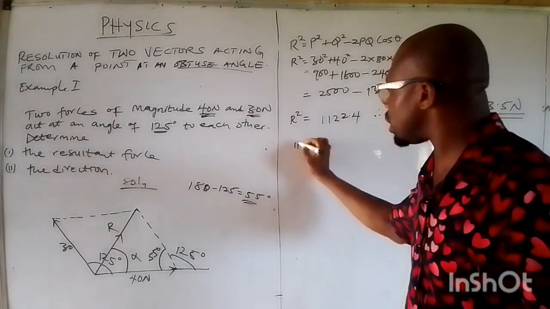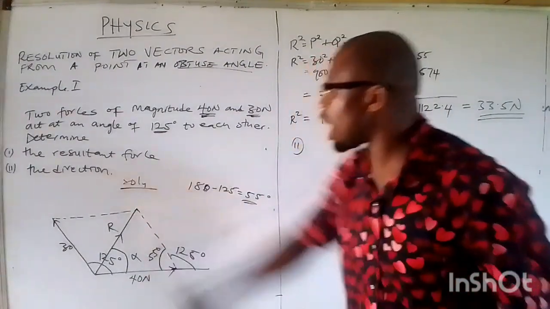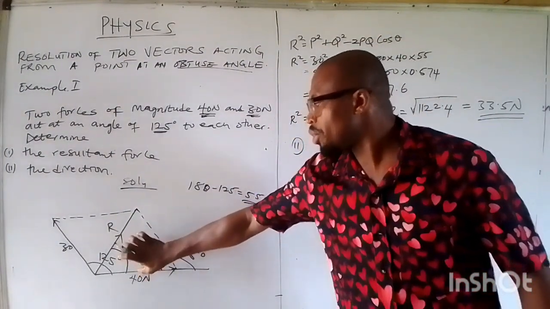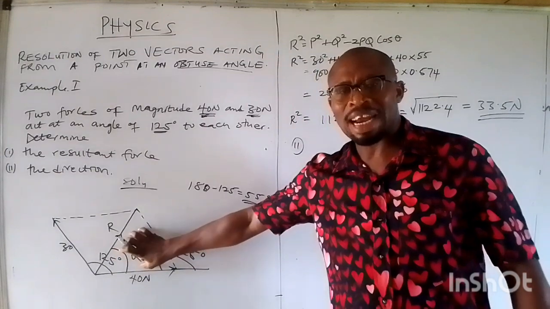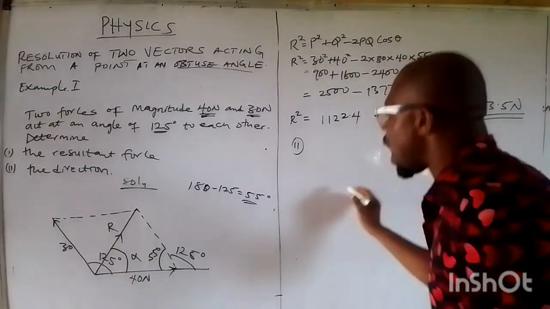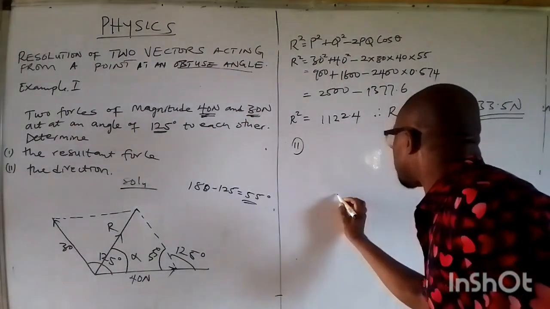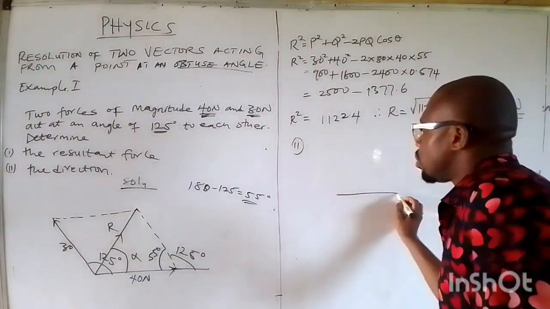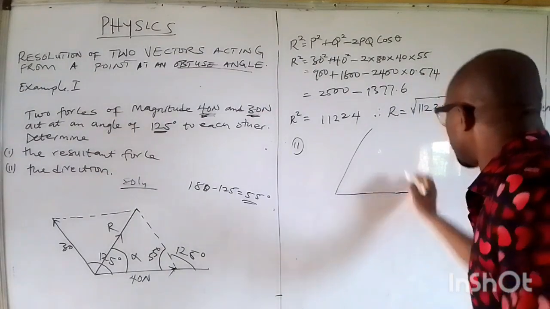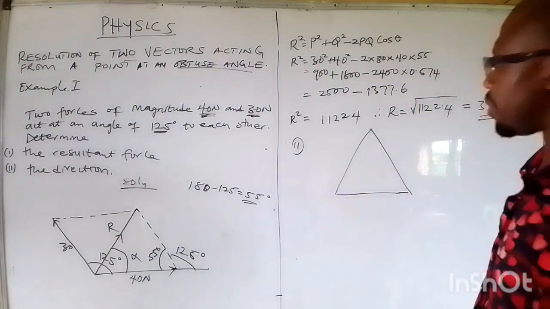Now the second question is the direction. For the direction, we can bring out these triangles. Since there are two triangles here, we can have it like this and have the other one like this.